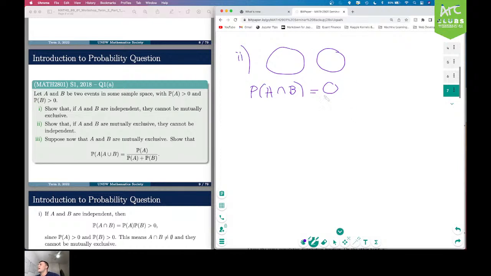And of course they can't be independent, because if there was independence, we'd have to have it equaling the probability of A times the probability of B. But that can't happen because, again, this is greater than 0 and this is greater than 0. So if A and B are mutually exclusive, they can't be independent, since we were told in the question that A and B had positive probabilities. Cool.